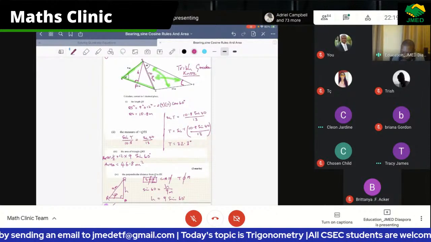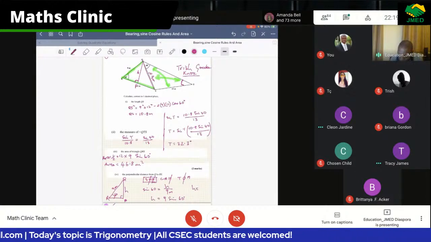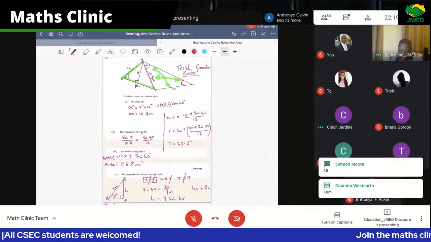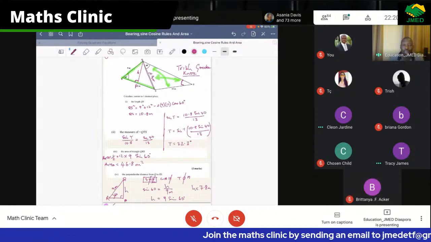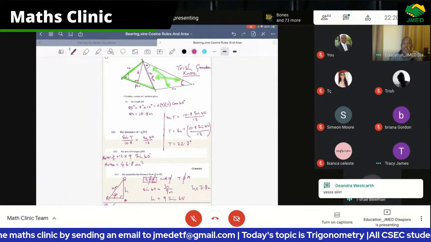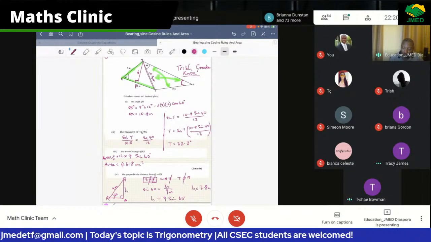And what's the value of H? 7.8 meters. Okay, guys? Are we comfortable with that? Yes, sir. Sir, can you go over that back for me, please? Okay. You want me to go over it?